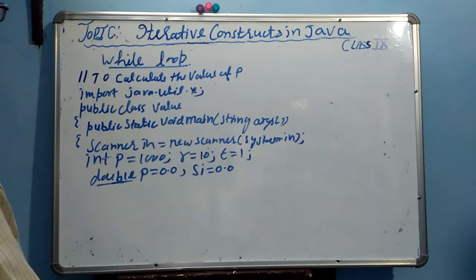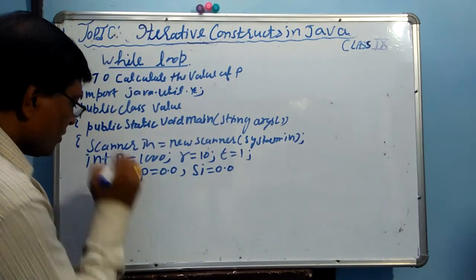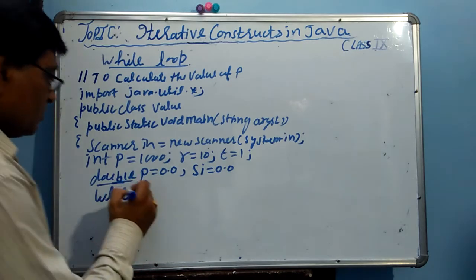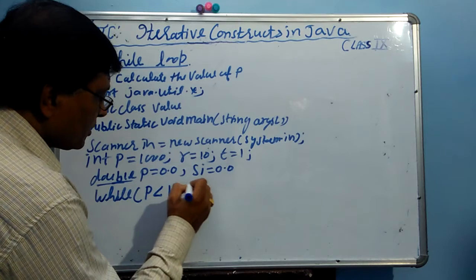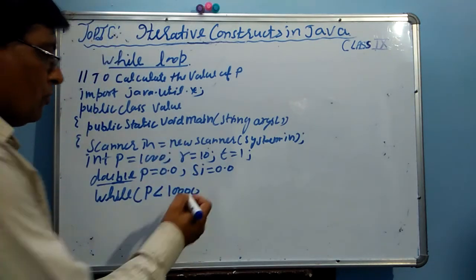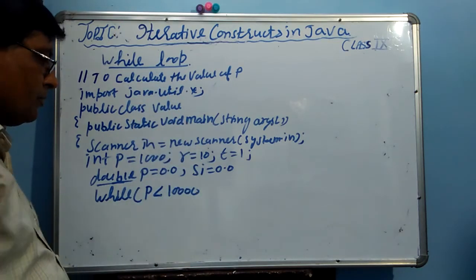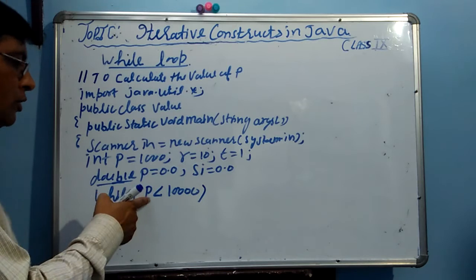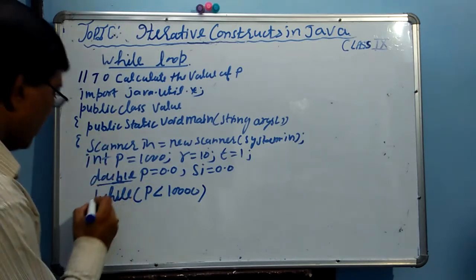Now we give the condition: while the value of P is less than 10,000, then open brace.